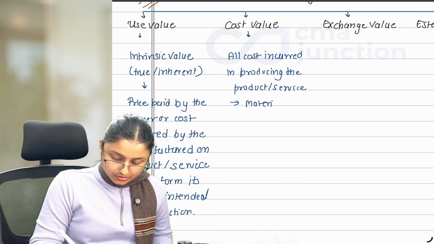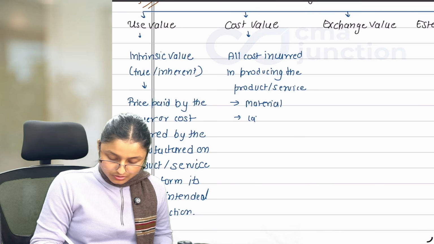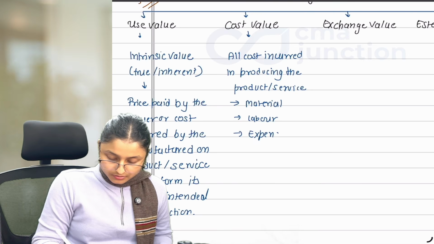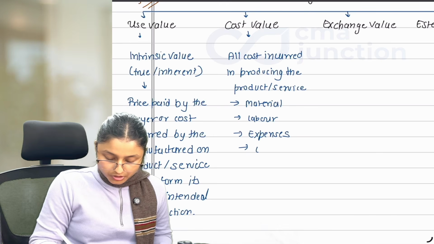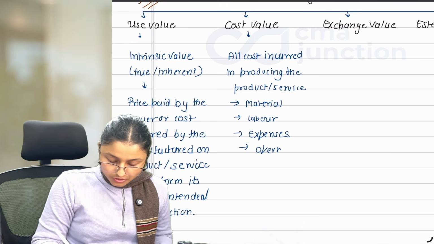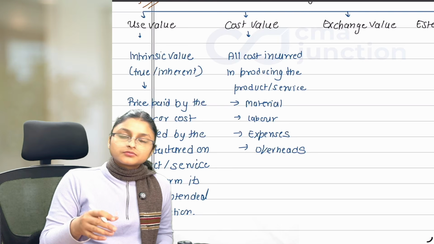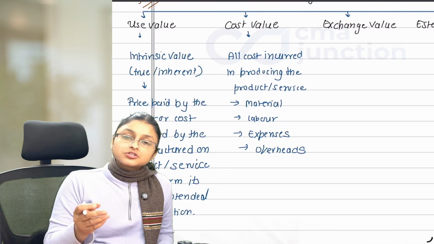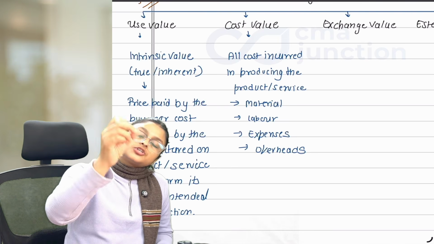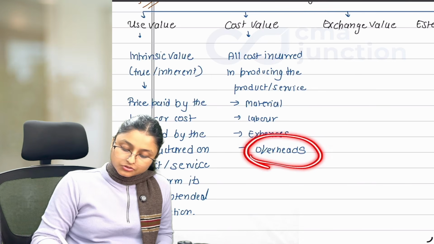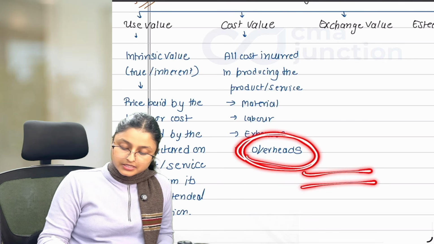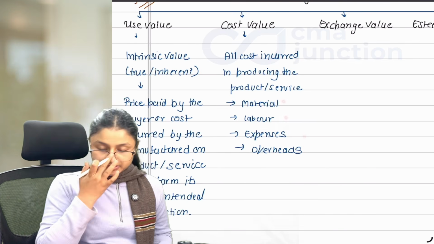Like material, labor, expenses, or overheads. So all the costs of producing the product will be considered here. Overheads are indirect costs. So indirect costs are the costs which can't be directly charged to units, and that is why those indirect costs are written separately from material, labor, and expenses.